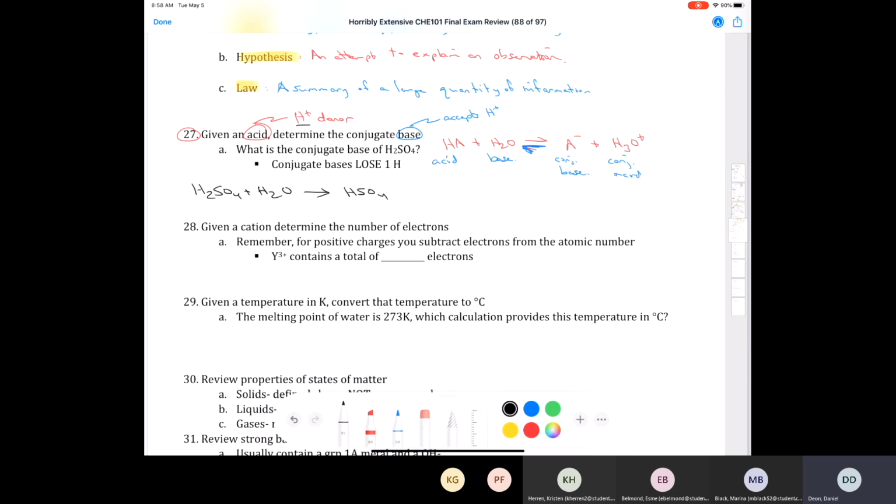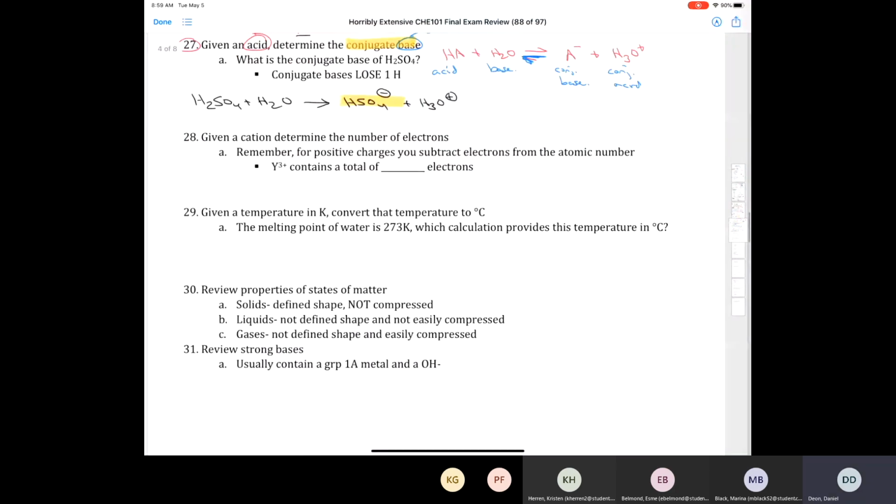And if I'm losing H+, +1, so if I have something that has no charge and it loses +1, it must have a charge of -1. So we'll just put HSO4-, and then of course I'm going to form hydronium like that. So the conjugate base of sulfuric acid is hydrogen sulfate. Okie doke. And I made that video, so I'm sure you all know it frontwards and backwards.